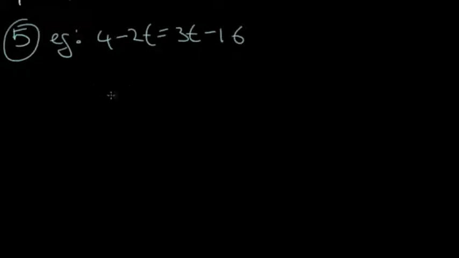An equation something along the lines of 4 minus 2t equals 3t minus 16. So we want to solve this equation. What does that mean? It means we want to find the value of t. First thing to think about is we want to get all the t's on one side.